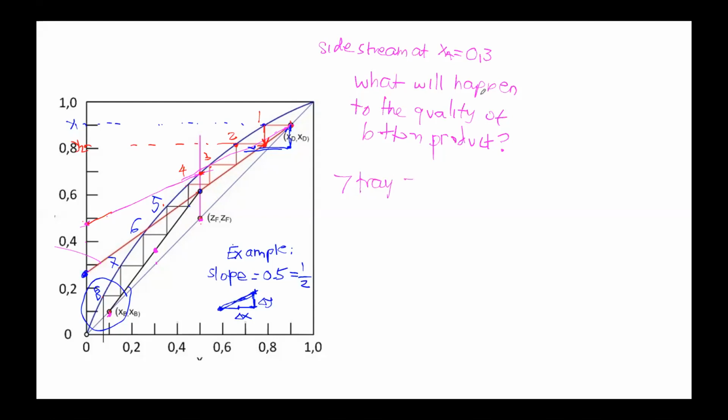For example, in my case, I want to withdraw the saturated liquid. So here, saturated liquid would be, where's the q line? Straight, ma'am. Yeah, straight, vertical.